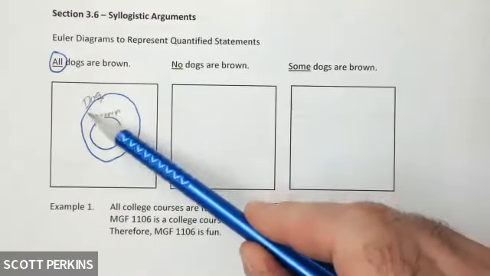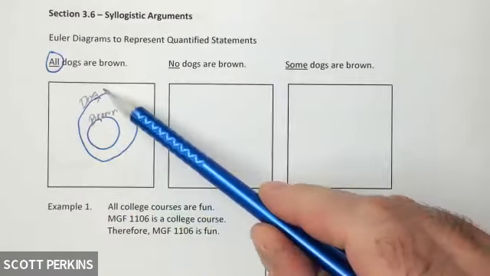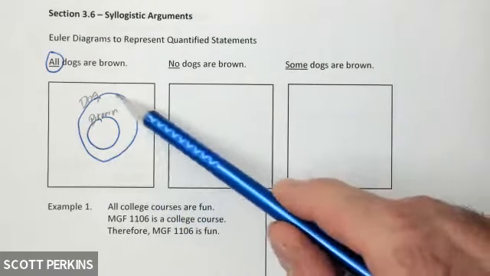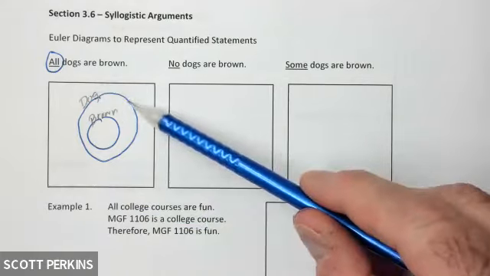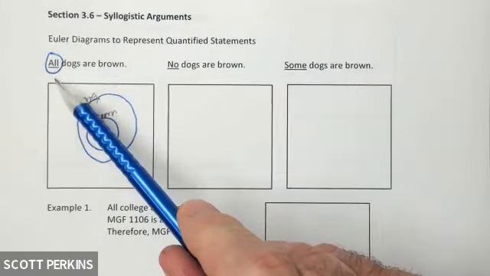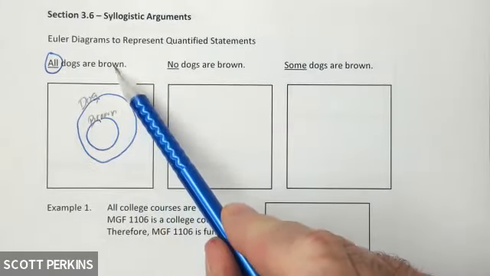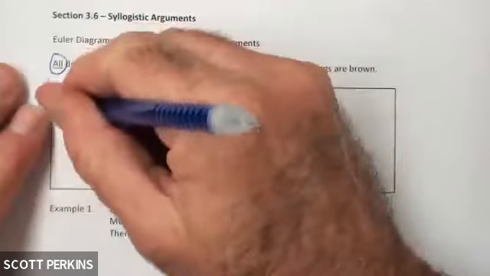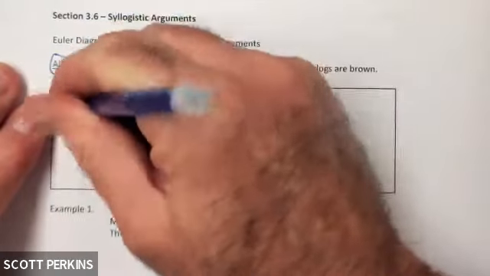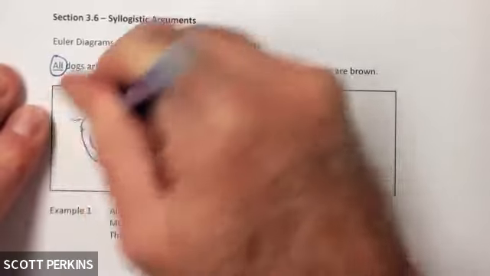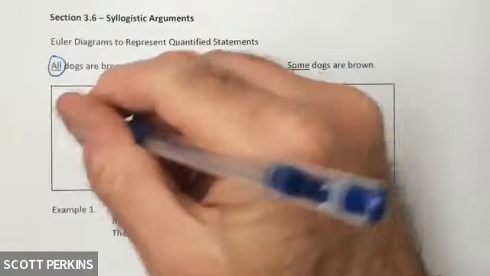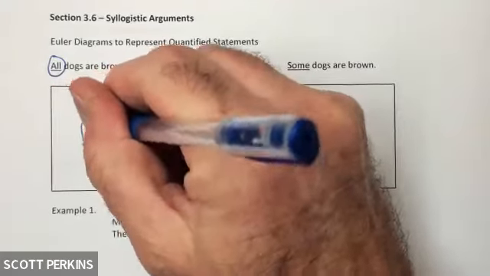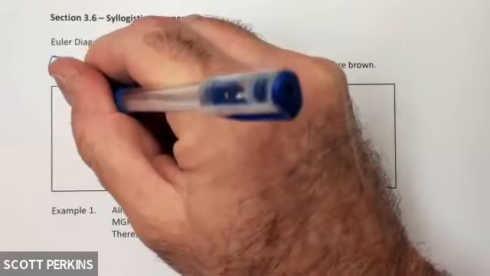So what this is saying is that I can have dogs that are other colors, right? I can have red dogs, I can have green dogs. But this statement, whether we agree with it or not, says all dogs are brown. So that was a good hypothesis, I appreciate you making it. What we're going to do here is reverse the order that you said, and put the dog circle inside the brown circle.